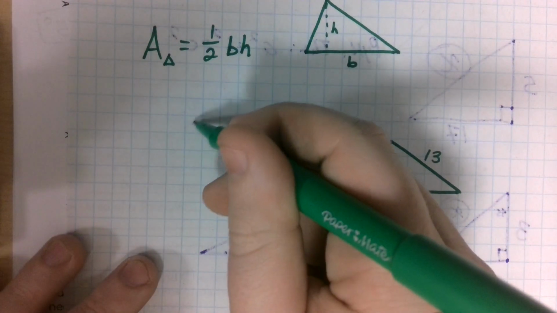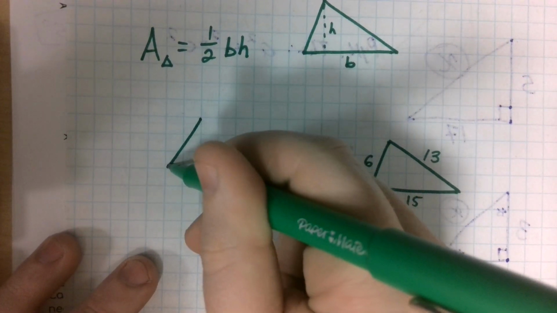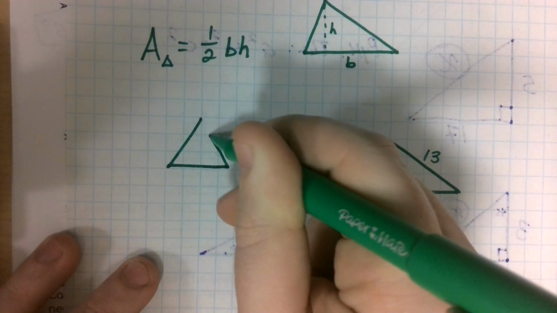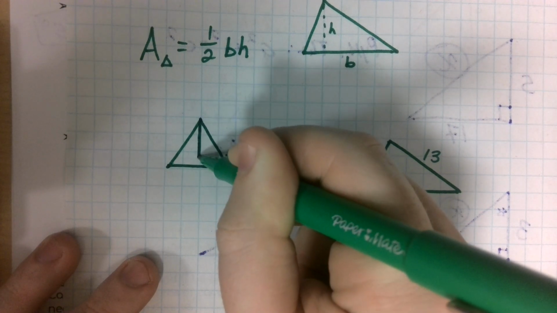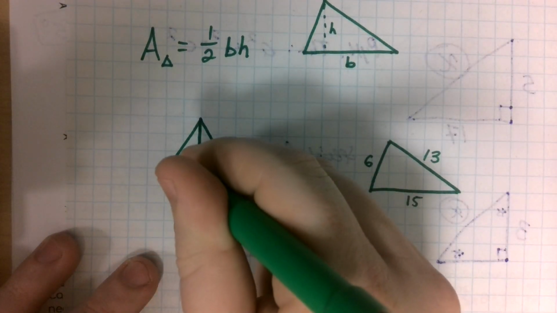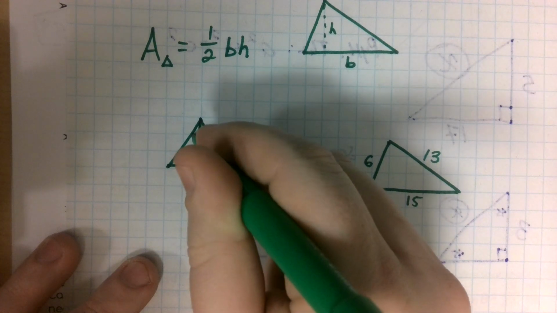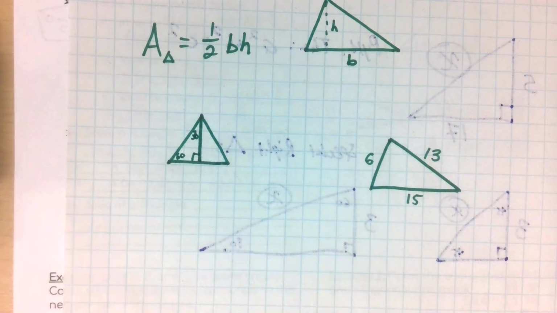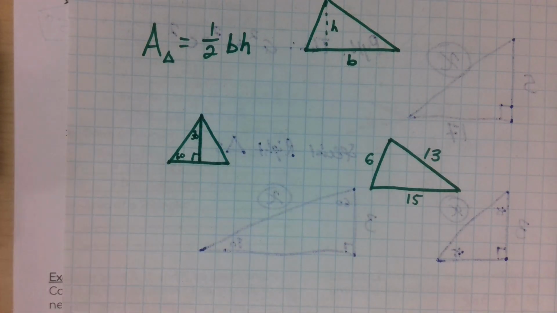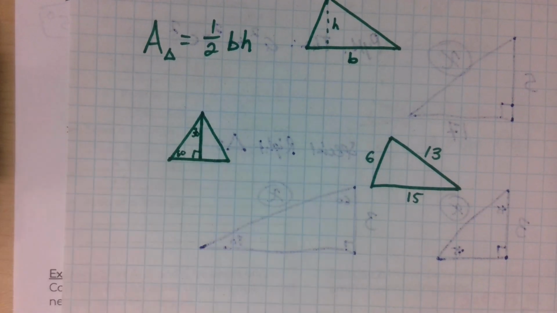We learned a case where it's easy to do, which is if you have an equilateral triangle. If you have an equilateral triangle, you can cut it in half and end up with a 30, 60, 90. But that doesn't work for other triangles. So we need a new method to find the area of a non-right, non-equilateral triangle.